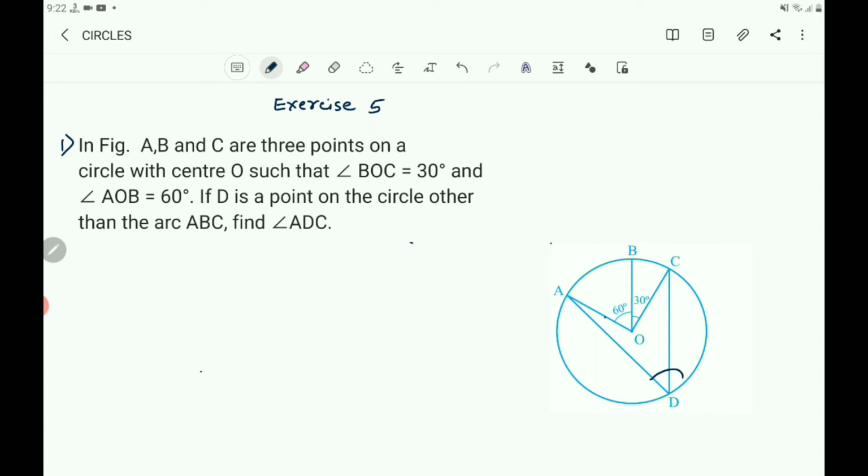Now, what is the measurement of the angle AOC? It is the sum of this 30 degrees and 60 degrees. So you write that, solution.